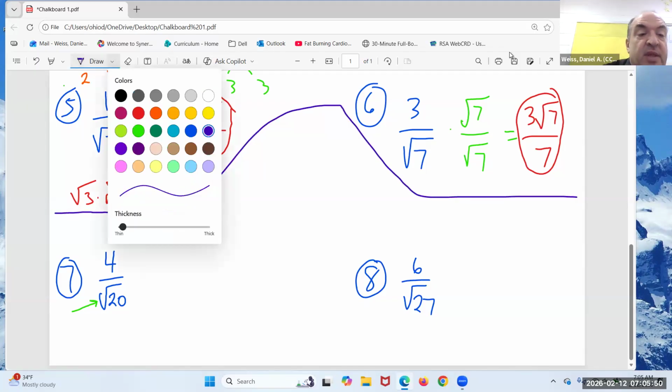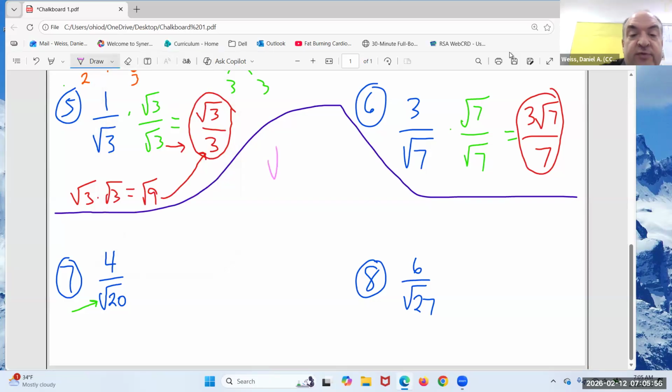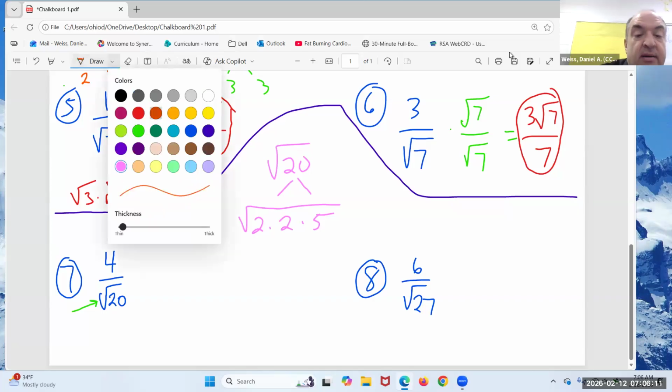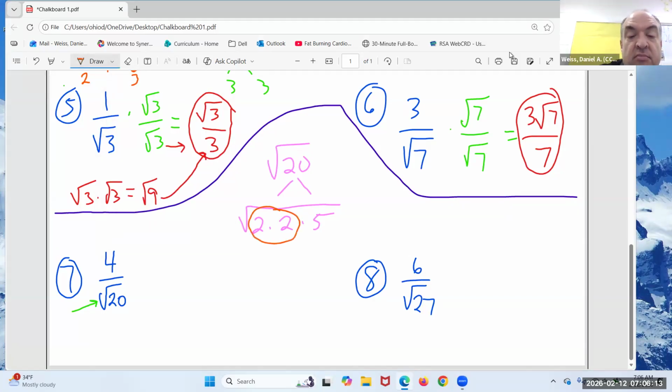I'm going to take square root of 20. That's going to be square root of 2 times 2 times 5. And again, I'm going to circle the pair. So that's going to make 2 square root of 5.